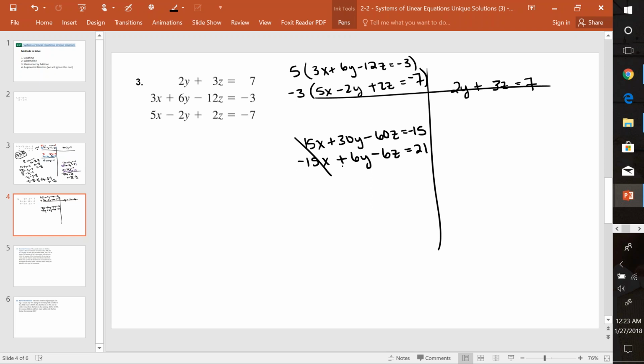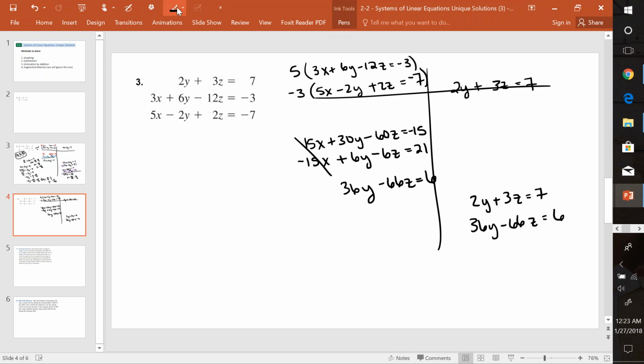Adding our like columns, this would be 36y minus 66z equals, I believe, positive 6. And then we'll stack those two on top of each other. So 2y plus 3z equals 7 over 36y minus 66z equals 6.